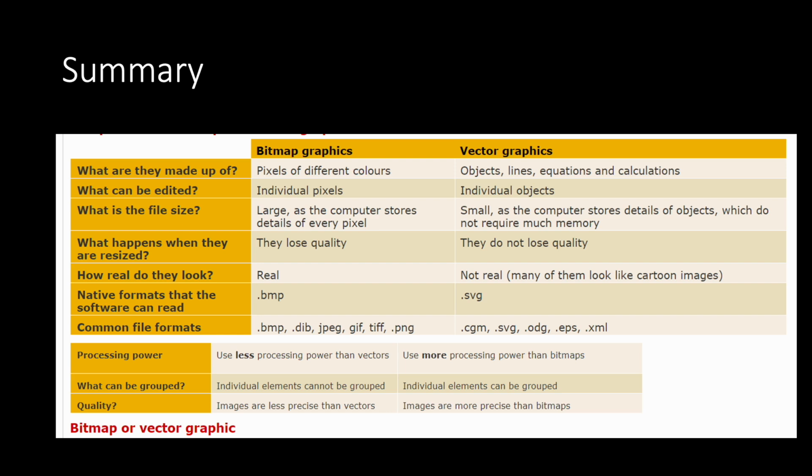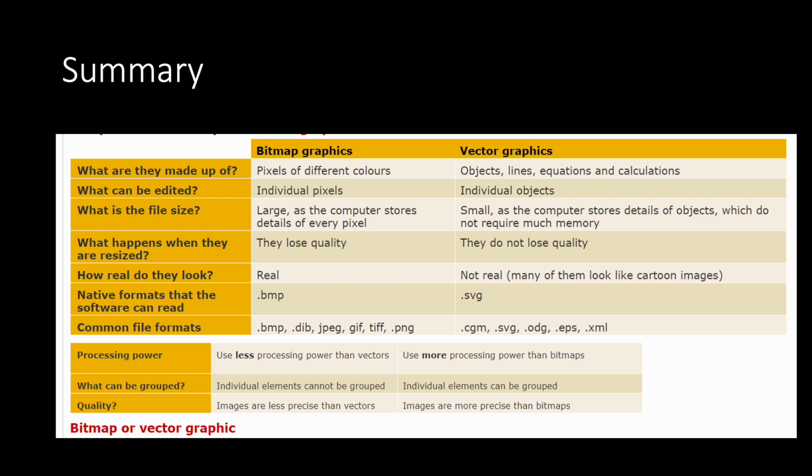What about vector graphics? Individual objects. What is the file size? Bitmap graphics are usually large as computers store details of every pixel. Vector graphics, on the other hand, are small as a computer stores details of objects, like line equations, the center of the circle, and the radius, which do not require much memory.